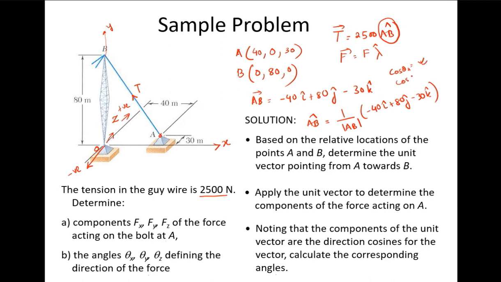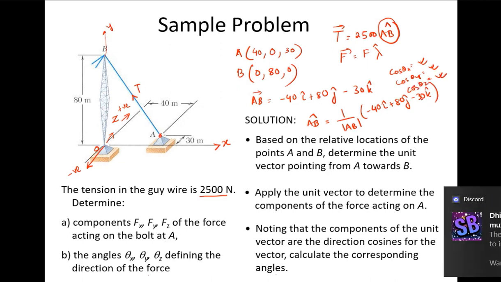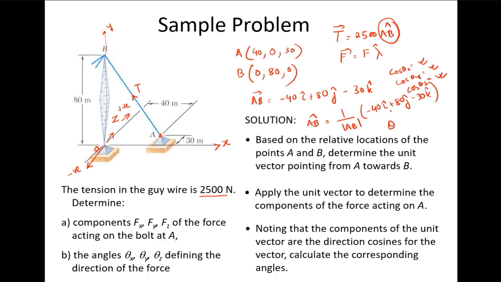Cos theta y will be whatever you have with the j cap, and cos theta z whatever you have with the k cap in the unit vector. From that you can easily find theta x, theta y and theta z by taking cos inverse. Can I do it?